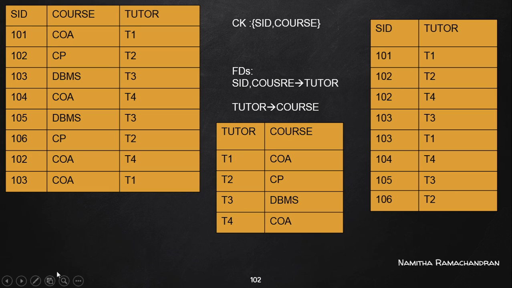But in the case of BCNF, it is not always possible to preserve the given dependencies in the child relations. After decomposition, we can't always preserve the given dependencies. This one is preserved here, but this is not preserved in these children.